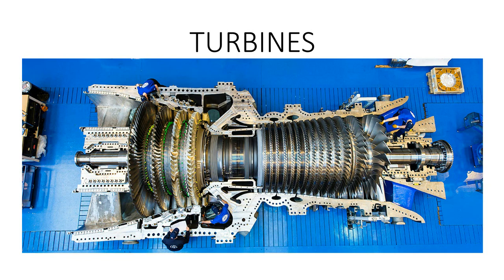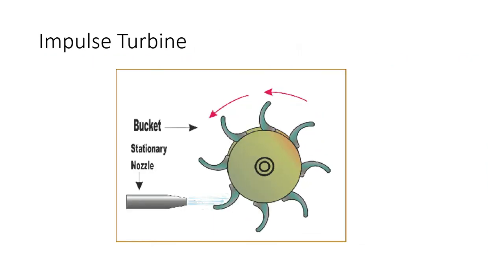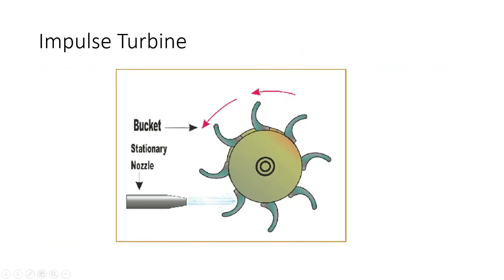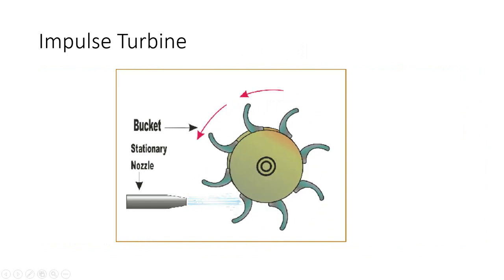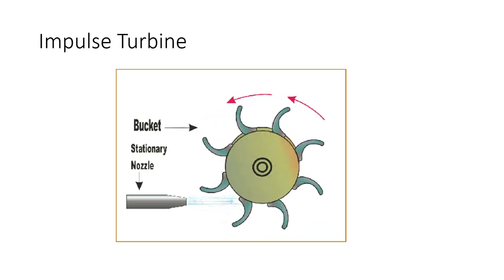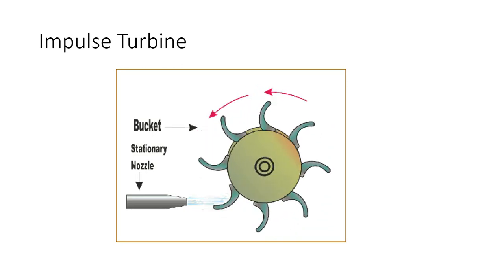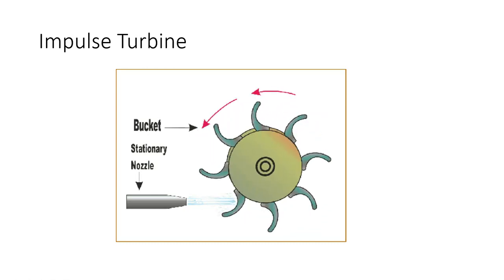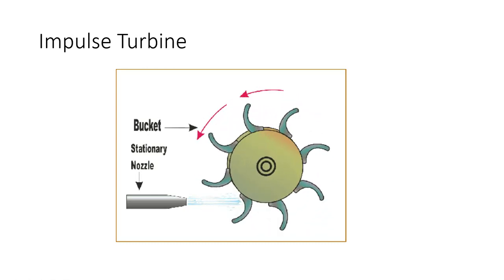There are 2 types of power extraction. One is through an impulse turbine and the other is through a reaction turbine. First we'll look at the impulse turbine. From the word impulse, what you can understand is that it literally means a jolt, like being hit with something.